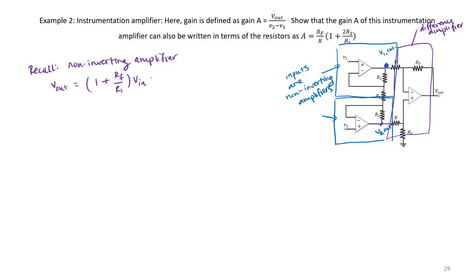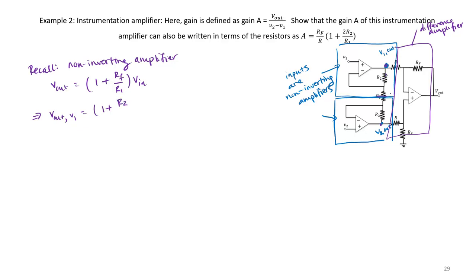And so if you look at the circuits that we are given, we can determine that the V out from the upper input, V1, is going to be equal to 1 plus, here the RF value is actually R2.